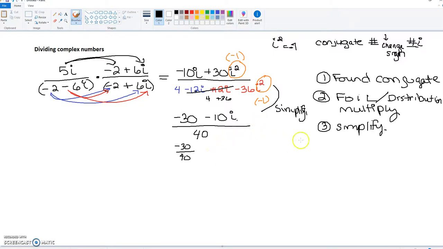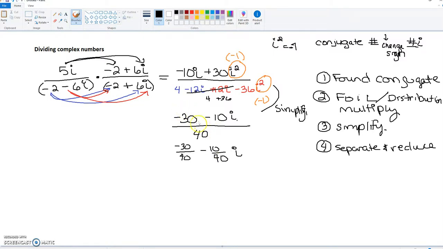And then of course we're going to separate, and reduce is our last step. So we've got this, and of course we're going to have negative 10 over 40. And of course our i can go off to the side.